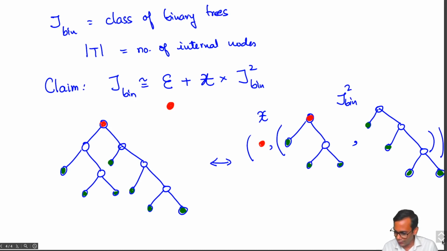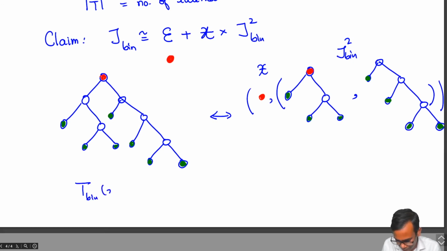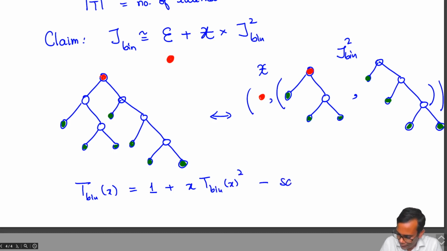And so now what you get is T_bin(x) is equal to 1 plus x times T_bin(x), the whole squared, which means that this was the same as the Catalan generating function.